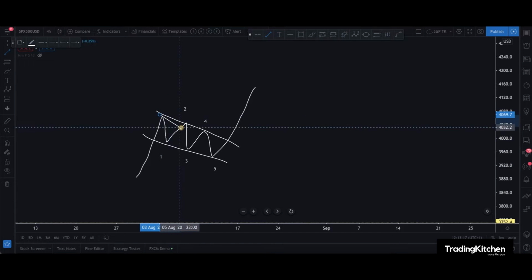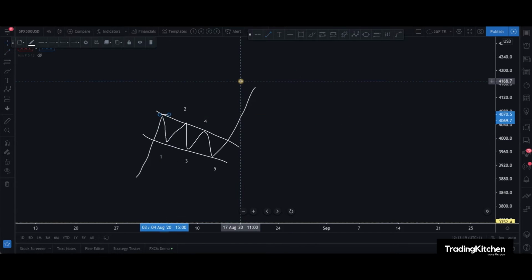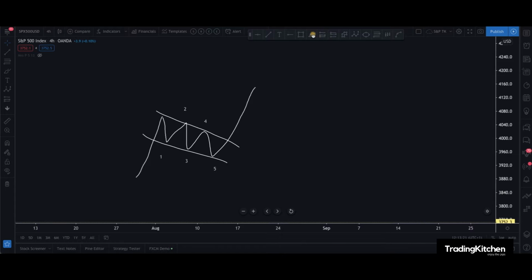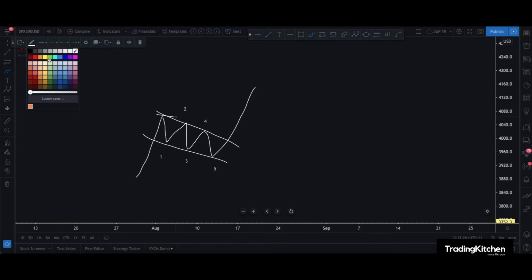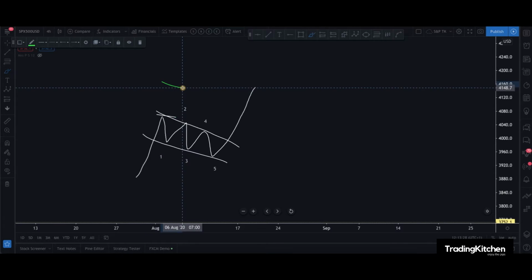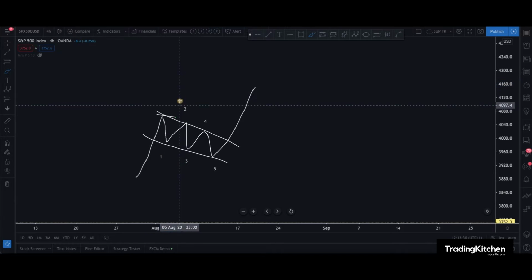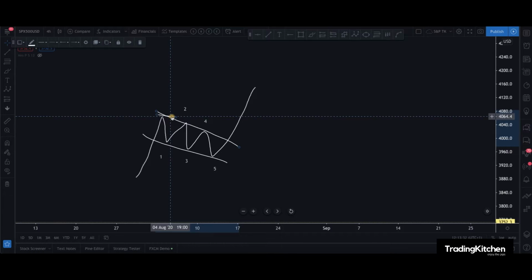So the 0 point, which is this one, let me take another color. The 0 point must be above the 2, the point number 2.